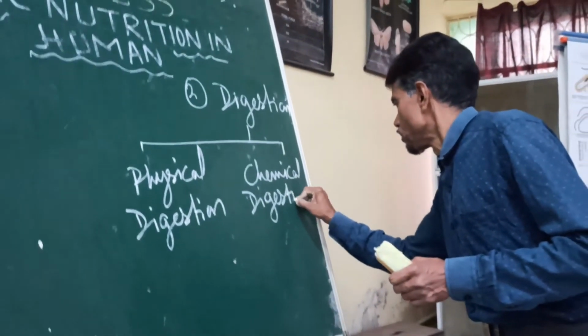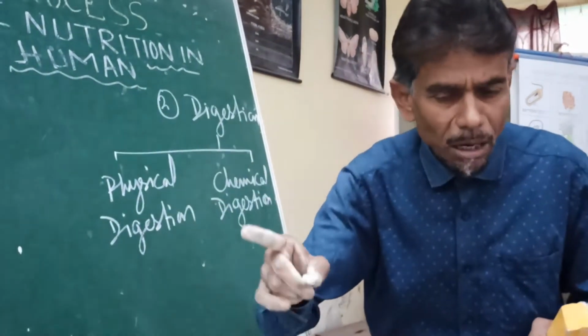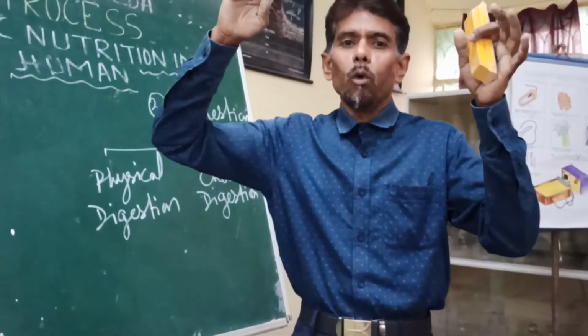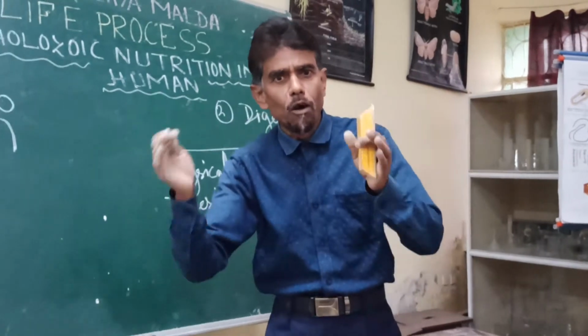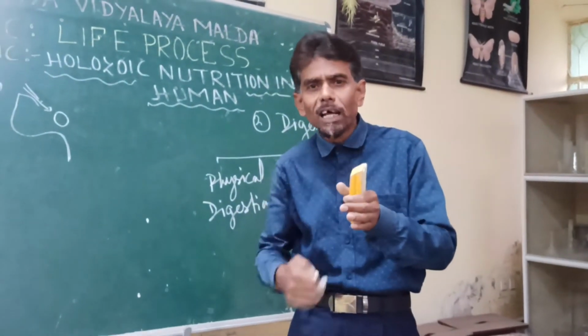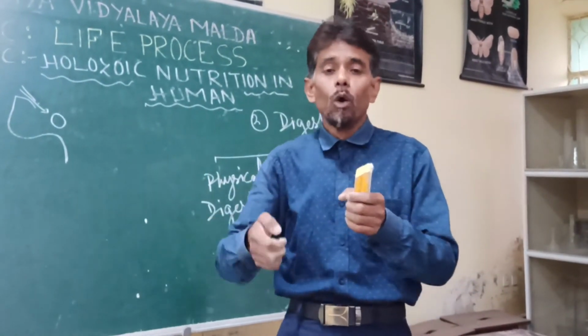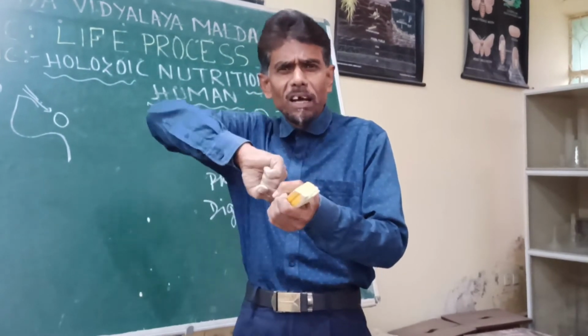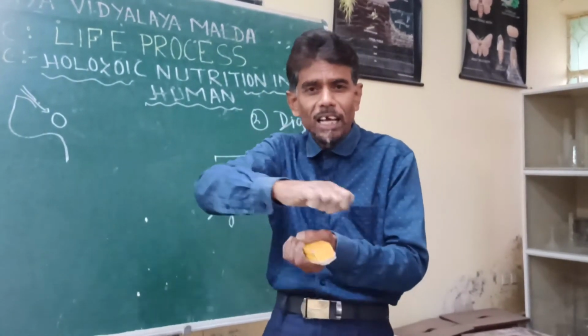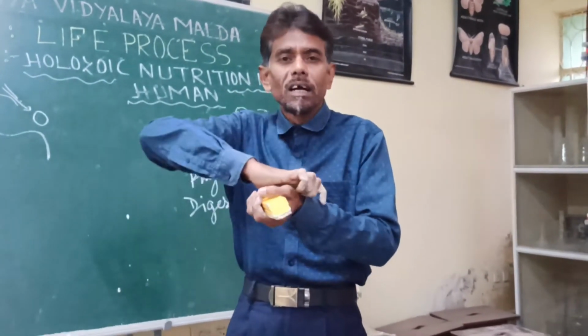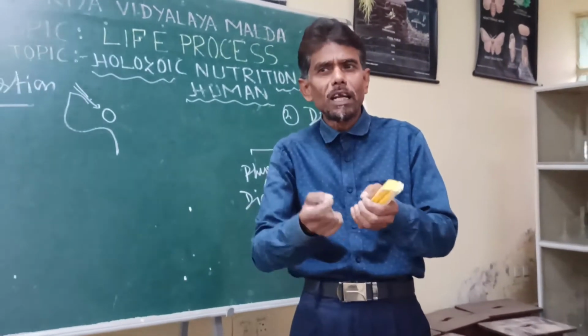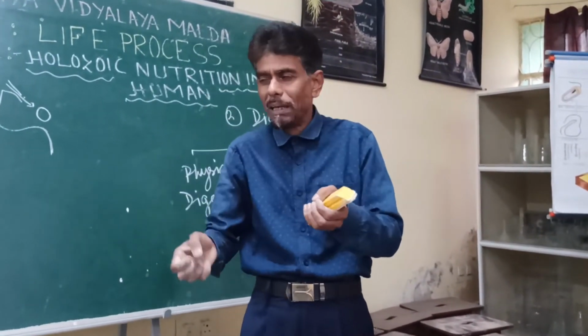Physical digestion means the food particles which we take within our mouth cavity or in other parts of the alimentary canal are properly ground, just like in a grinding machine, and converted into very small pieces.